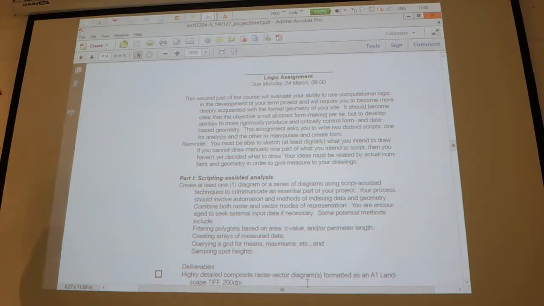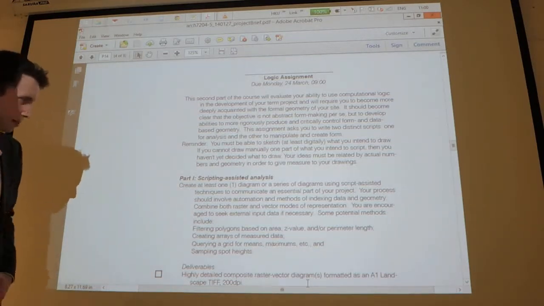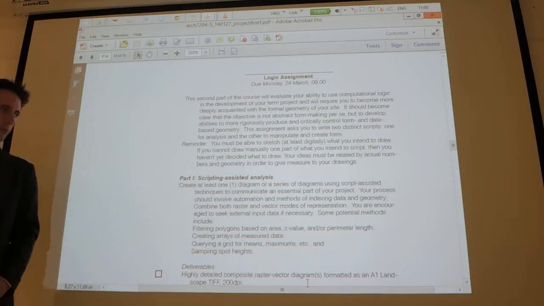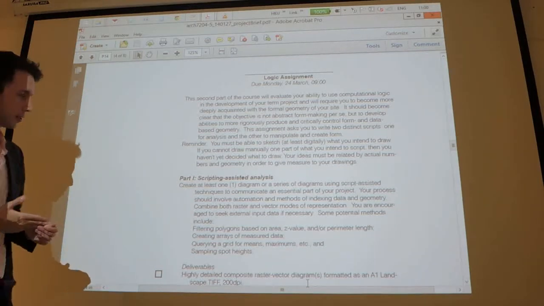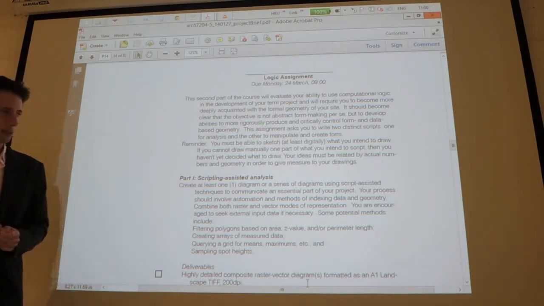Your process should combine both raster and vector modes of representation. Just work with vectors, work with rasters, and work with them in the same aligned space. You are encouraged to seek external input data if necessary.